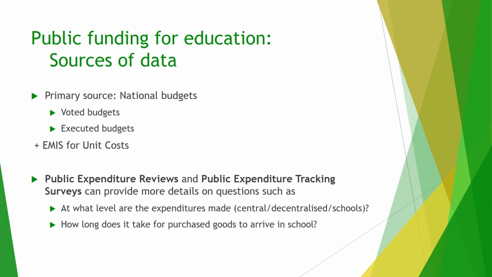So let's take a minute to talk about the sources of data for public funding for education. The primary source for this analysis is the national budget. When doing this analysis, you will not only look at voted budgets, but preferably executed budgets.